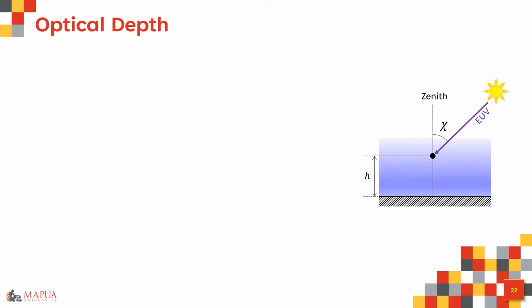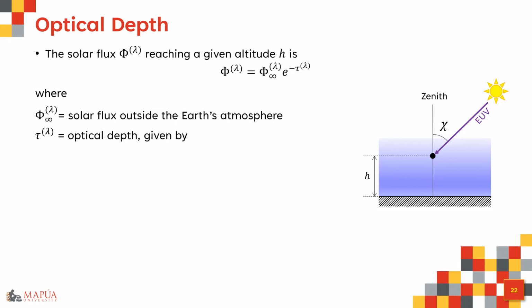This is related to how effectively a certain material or gas absorbs energy. At different wavelengths, the same gas particles can absorb or scatter light differently. So in terms of the solar flux reaching altitude h, the flux is given by this equation.